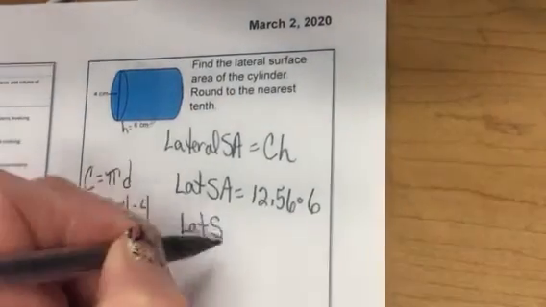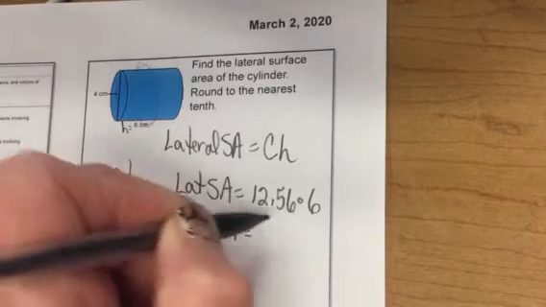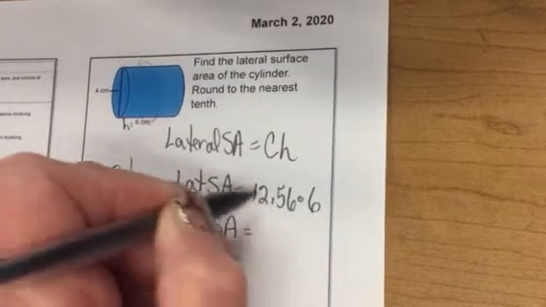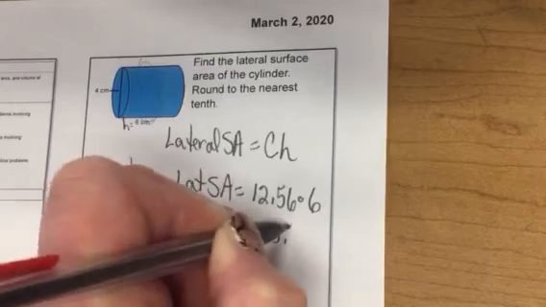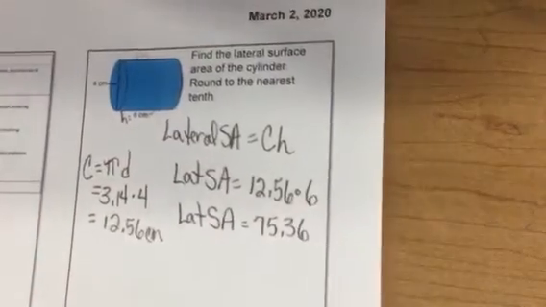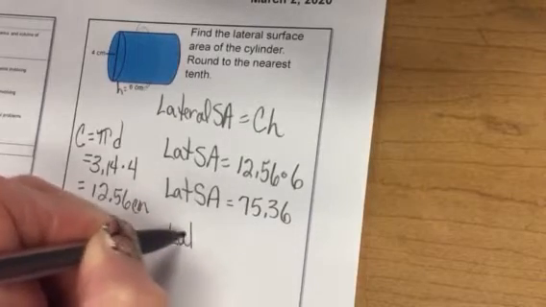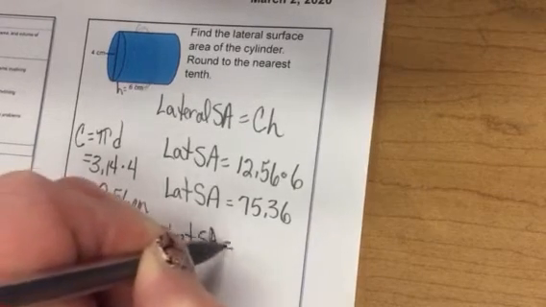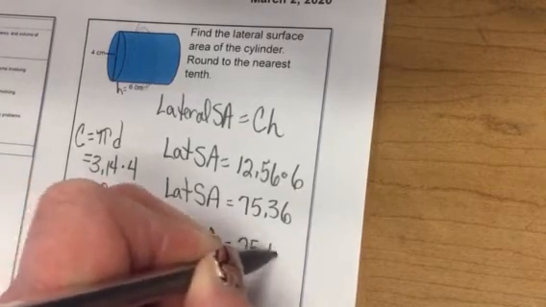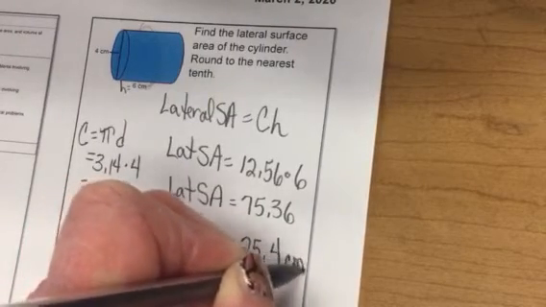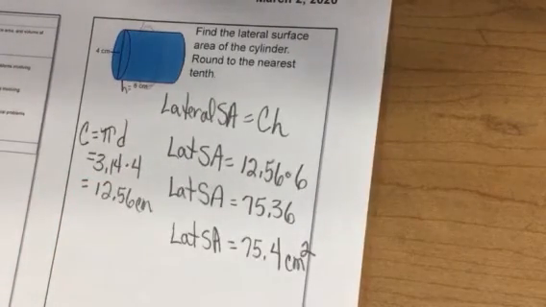Punch that into my trusty calculator. And I get 75.36 rounded to the nearest tenth. Lateral surface area of 75.4 centimeters squared.